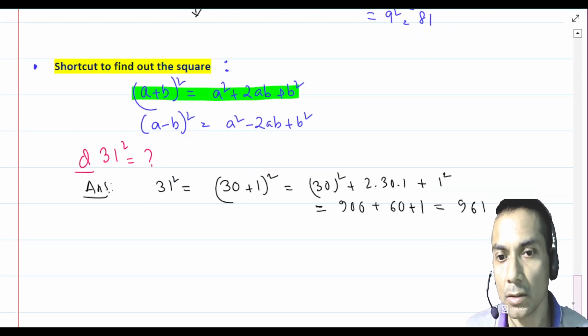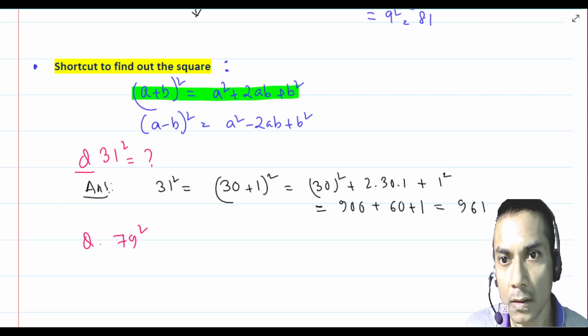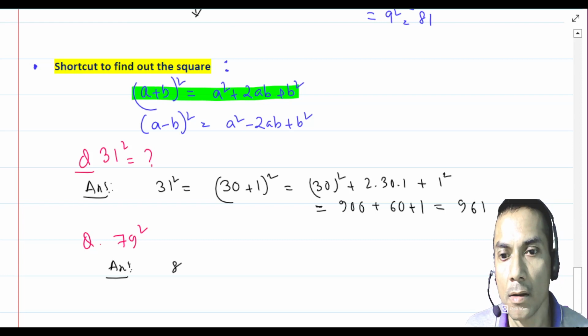Similarly, suppose the question is given 79 square. How can you answer this question? Let's apply the algebraic identity. So the answer will be like this: 80 minus 1 whole square.